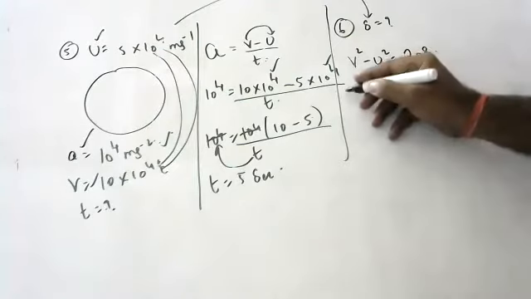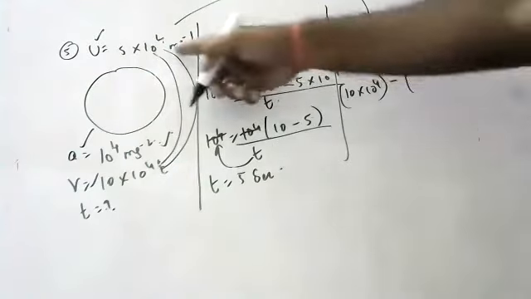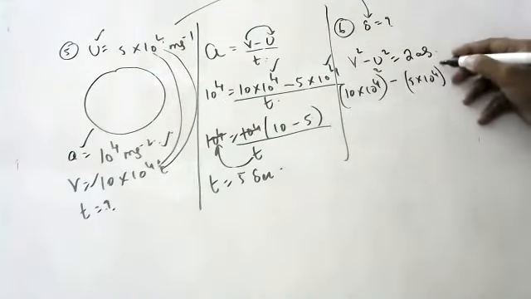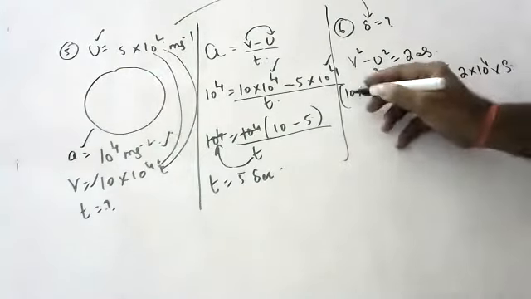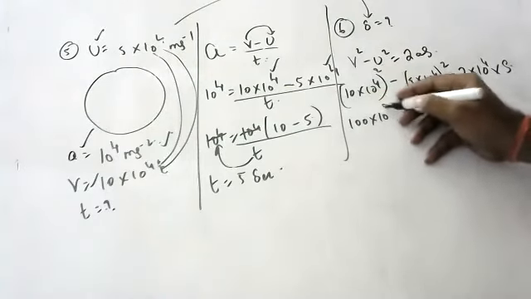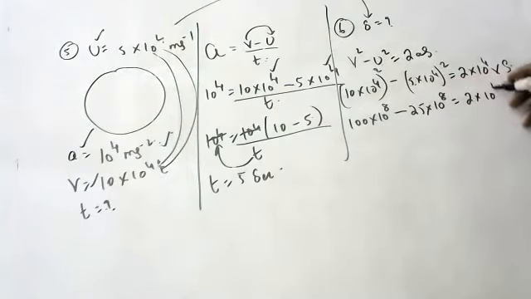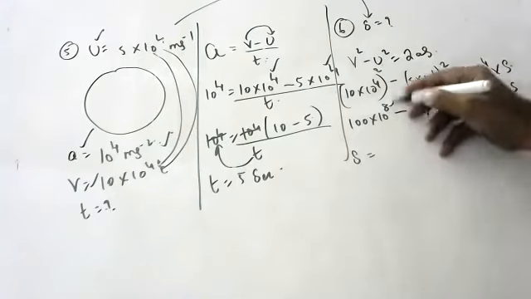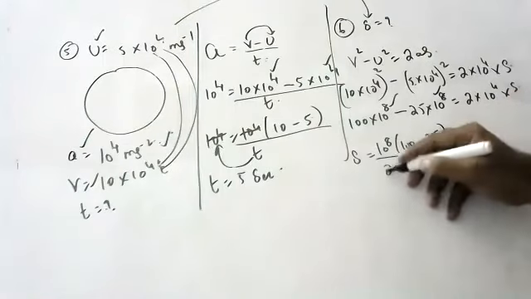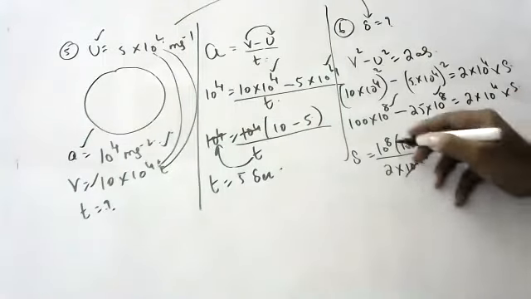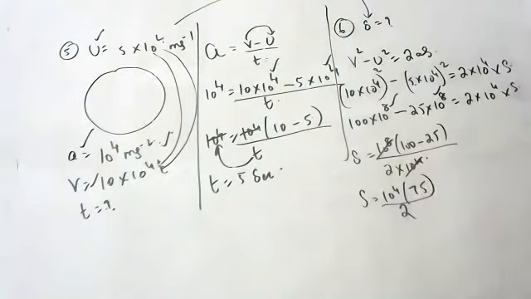Okay, in this example: 10 into 10 to the power 4, squared, minus 5 into 10 to the power 2, squared, is equal to 2 into 10 to the power 4 into S. 10 square is 100, 100 into 10 to the power 8. 25 into 10 to the power 8 is equal to 2 into 10 to the power 4 into S. Taking 10 to the power 8 common: 100 minus 25 by 2 into 10 to the power 4. 10 to the power 4 cancels, so it is 75 by 2.